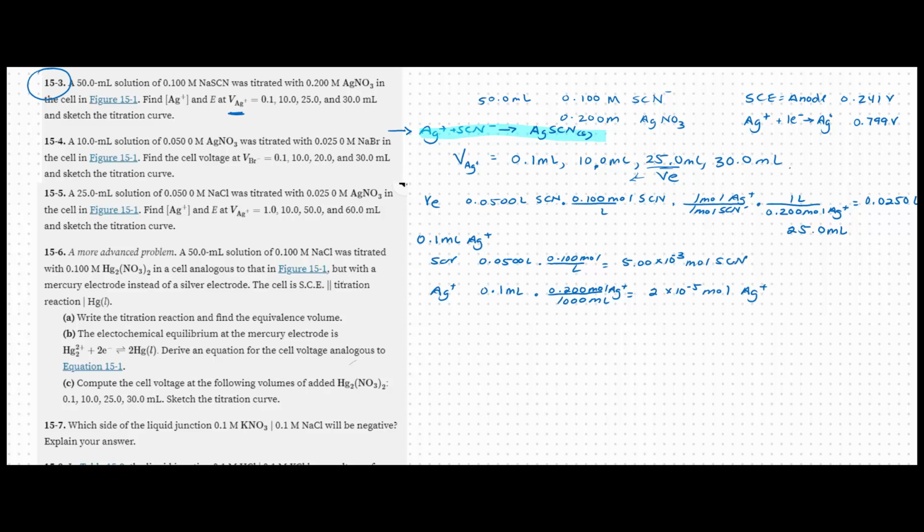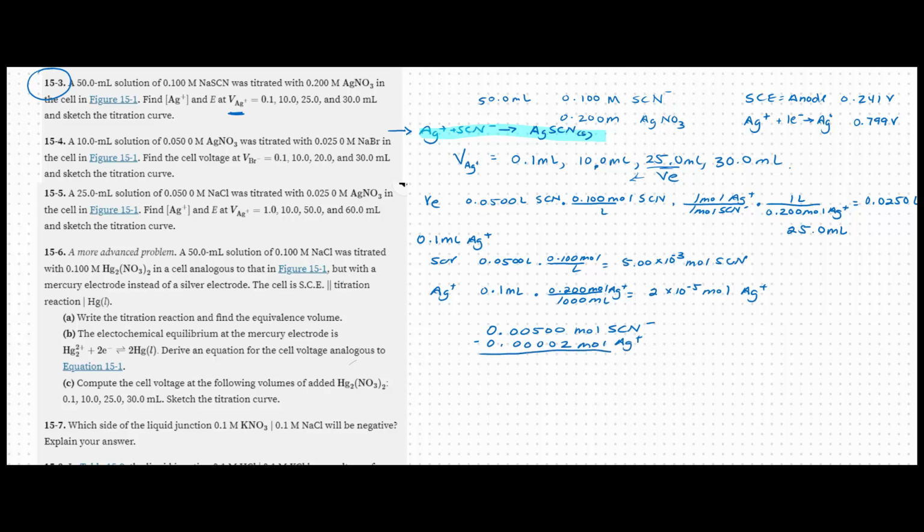Now, because we are working this titration, just like with acids and bases, we are removing something from our solution. And we're making a solid, so it's not coming back into our solution. So what I need to do with these numbers then is I start with my moles of SCN-, and as I add the silver, I'm actually taking moles of SCN- away.